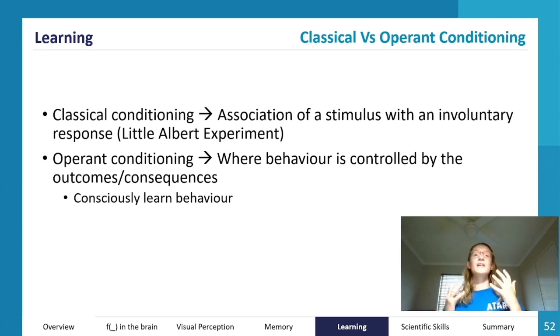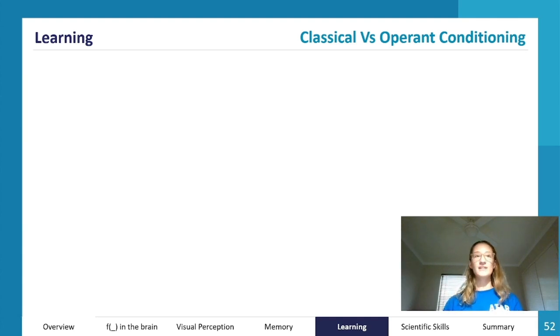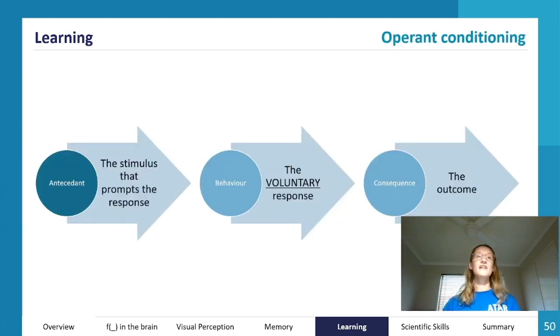So operant conditioning is about our learner actively making choices about their behavior based on the outcomes or consequences. Coming back to operant conditioning, like I said before, it is a type of learning in which the behavior becomes controlled by its consequences, whether that be a reward or a punishment.